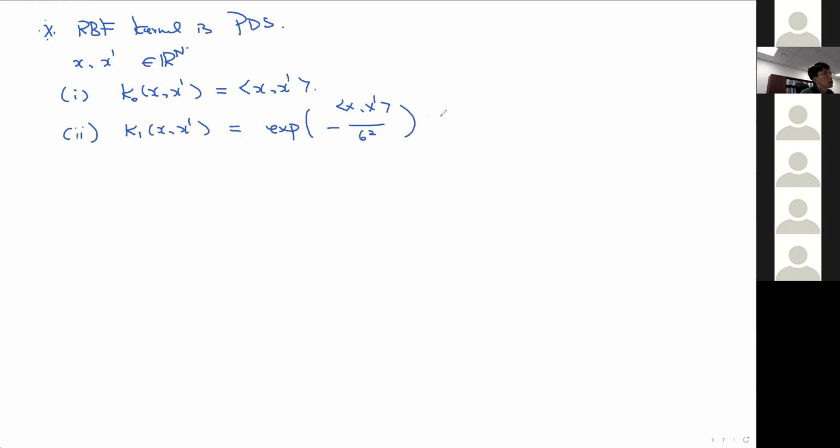If you do the Taylor expansion of this exponential function, it looks like this: the sum over n of 1 over n factorial times 1 over sigma squared to the power n, times (x·x') to the power n, where x·x' is K0.